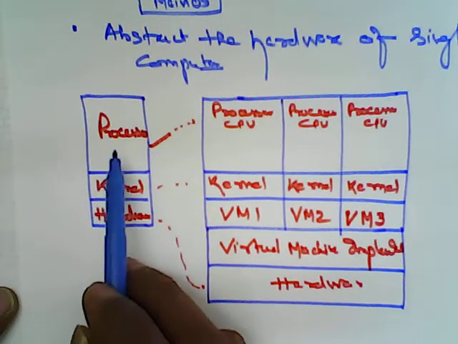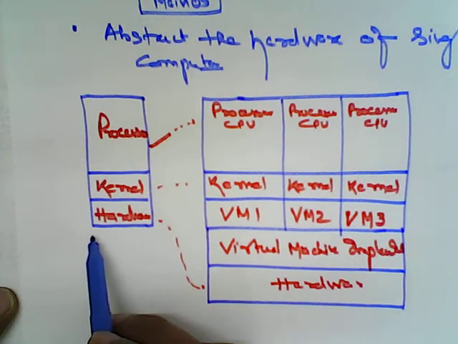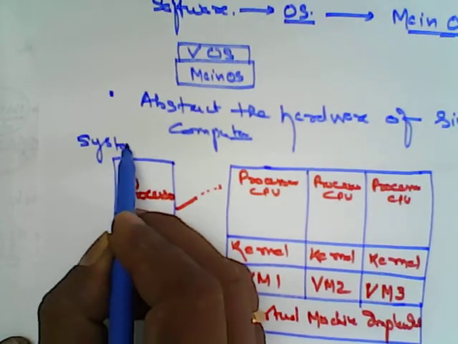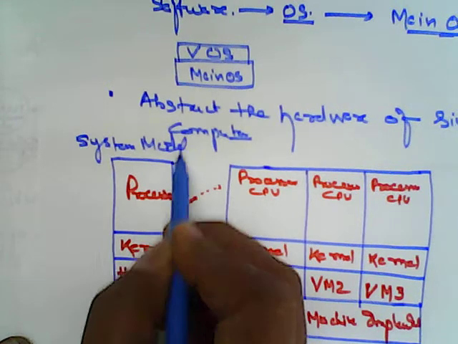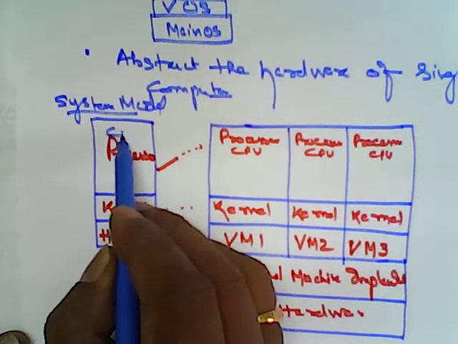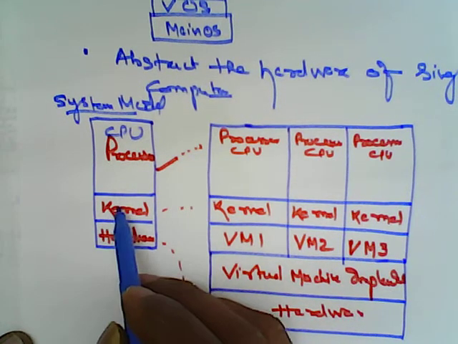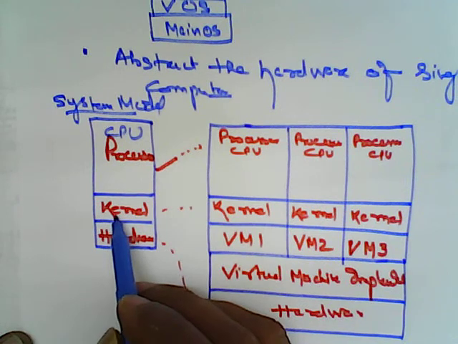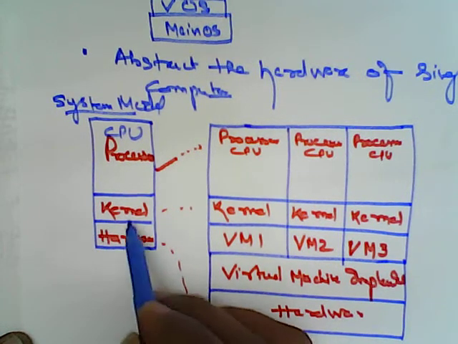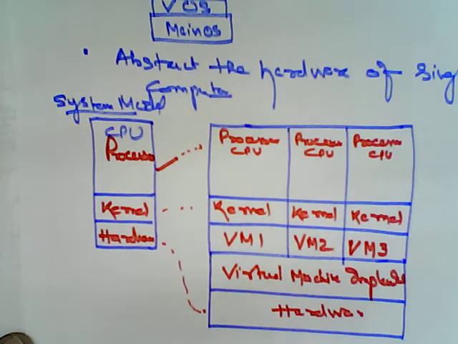So every application will be taken, and this is a system model. Every application is being processed by the single CPU. The single CPU will try to process all these activities using its single kernel, and all the management of the hardware is being done, and the CPU will take all the applications and process them through a single kernel.